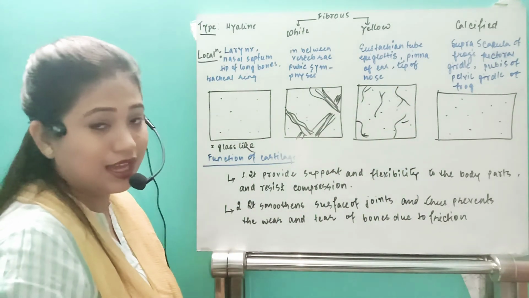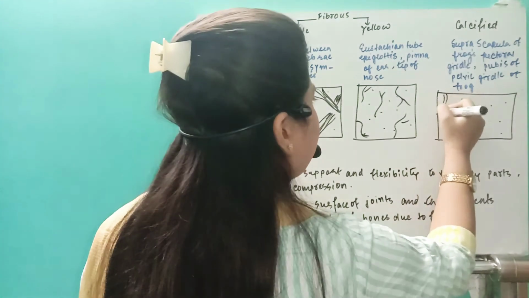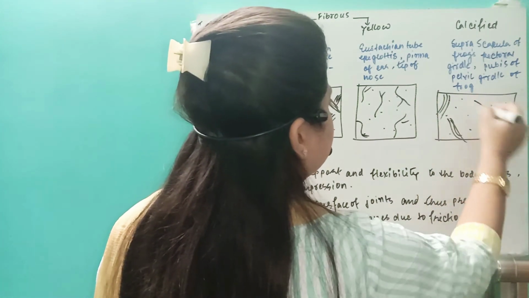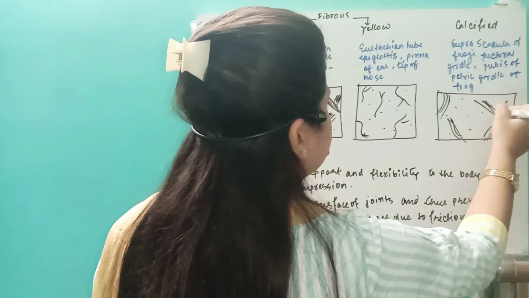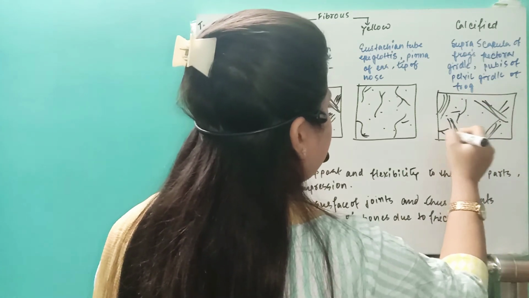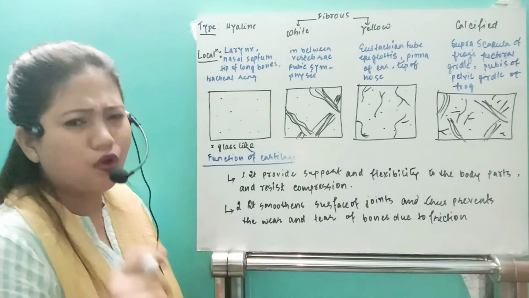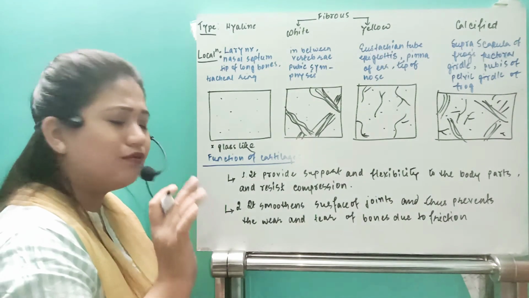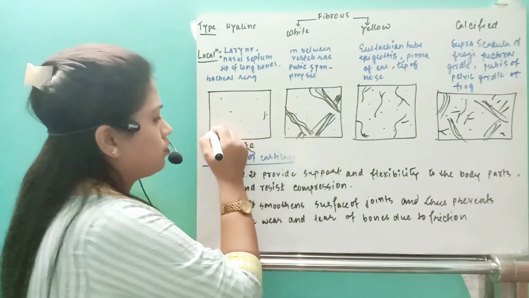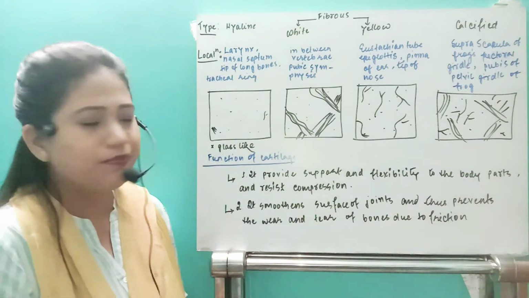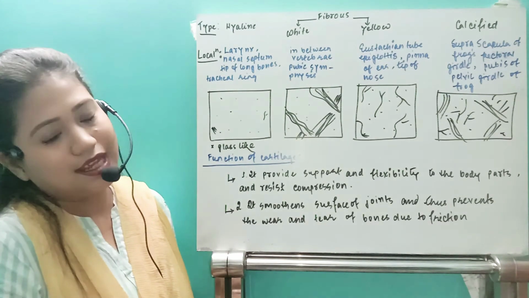And in the case of the calcified cartilage, we are going to have white and also yellow fibers. Every type of fiber will be present. Yes, in the hyaline cartilage it is also present, but it is very little or nil. So I will draw just two. Okay. Next one, come to the cells.